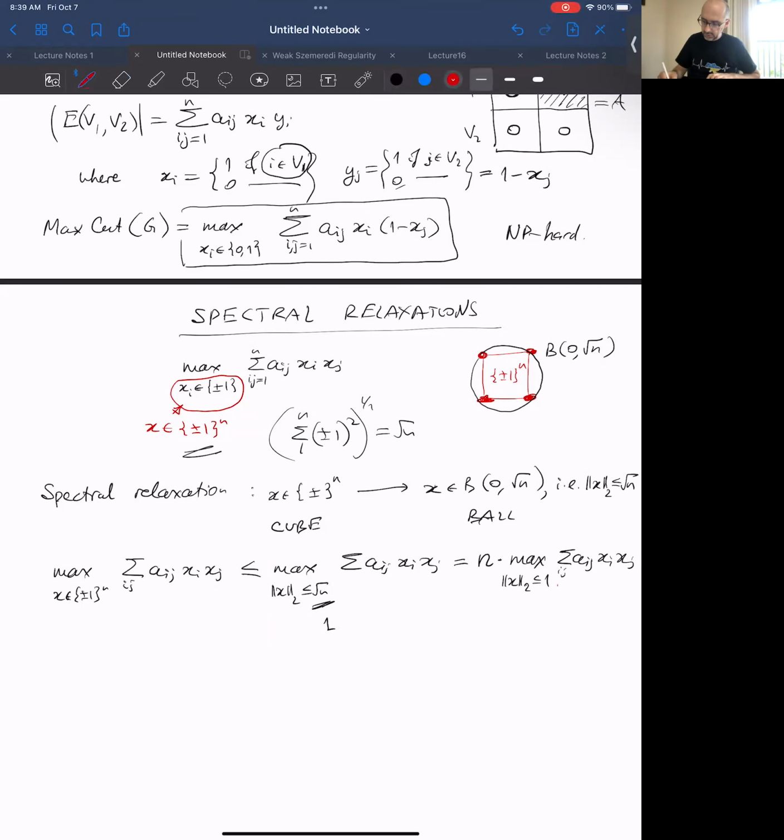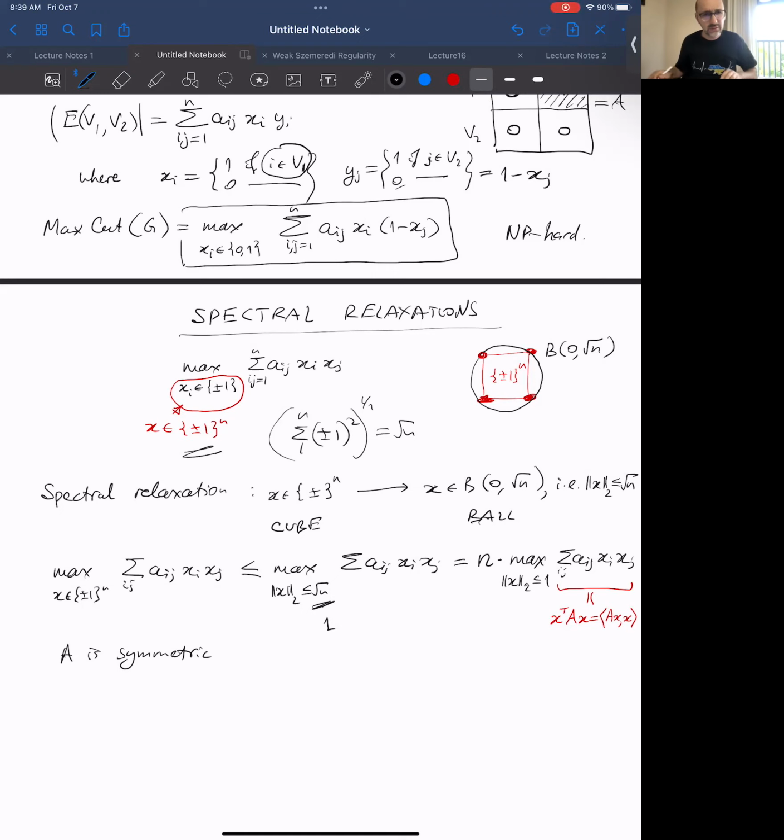Okay, now it's kind of familiar. This is a quadratic form for sure, right? This is x transpose Ax in the linear algebra notation, or maybe you prefer the scalar product between Ax and x. Either way, it's a quadratic form in A, and let's assume that A is symmetric.